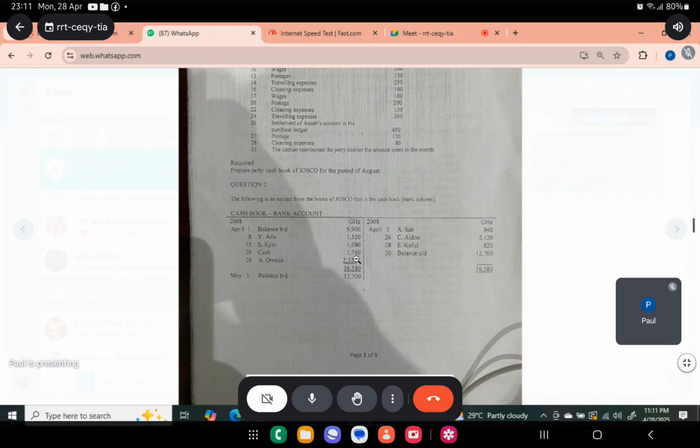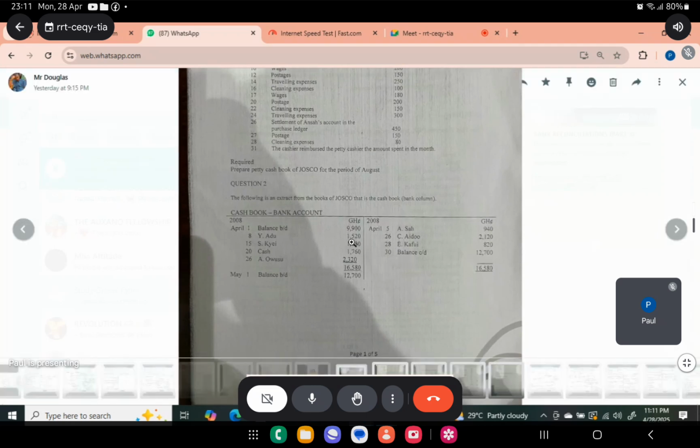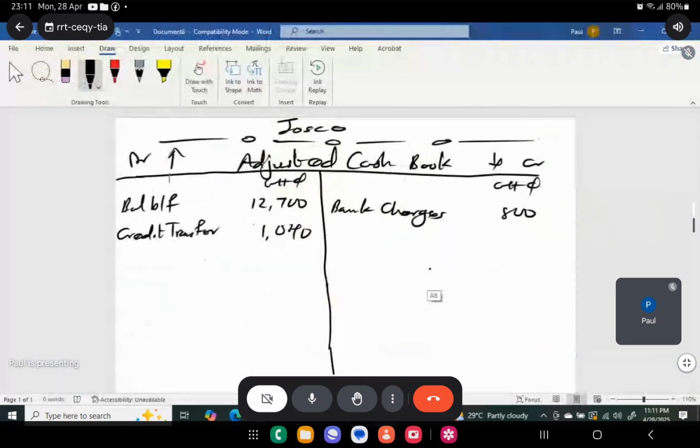And because in your cash book, if you want to increase your money, you have to debit the credit transfer from Dazi. And that is why the 1,040 is also showing at the debit side.